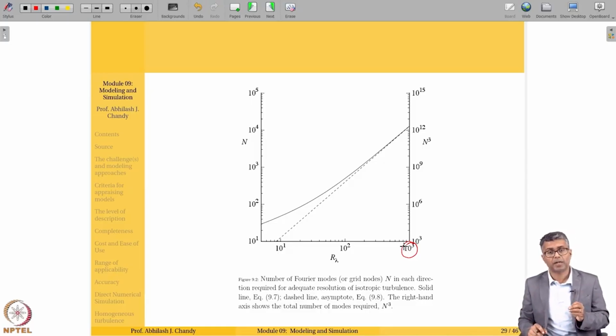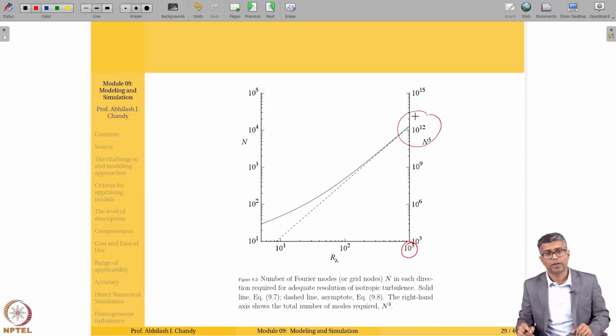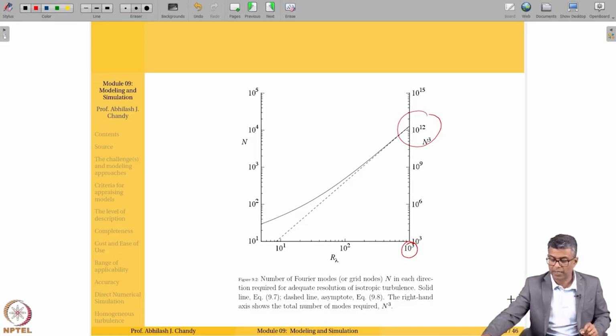R lambda equal to 1000 is turbulent, of course, and it is the kind of Reynolds number you see in a lot of applications. That means what you see here is realistic: 10 to the 12, more than 1 billion points for a single calculation. So this gives you an idea, right?